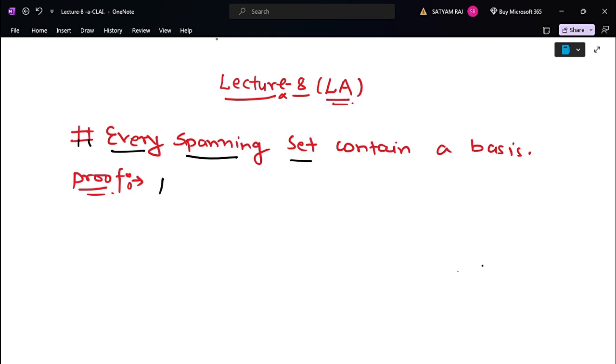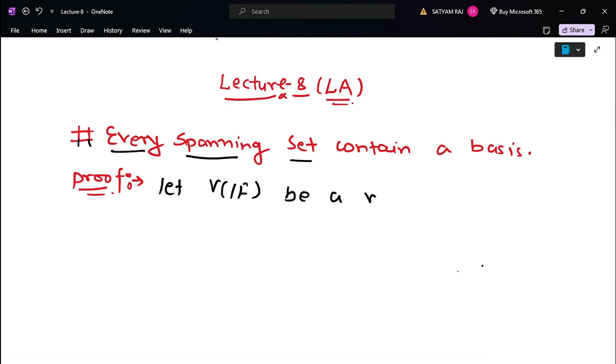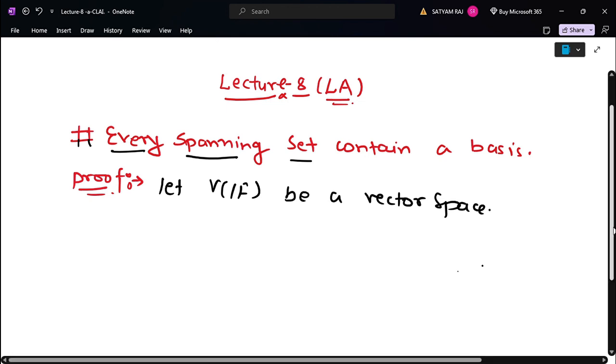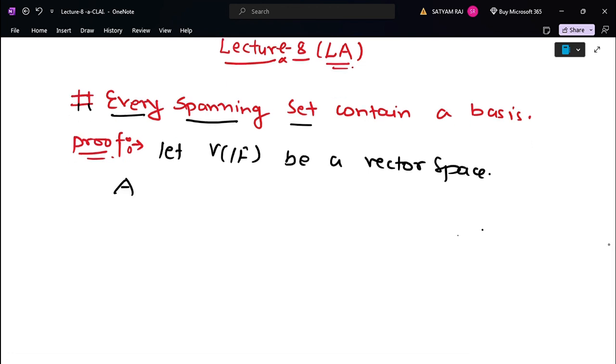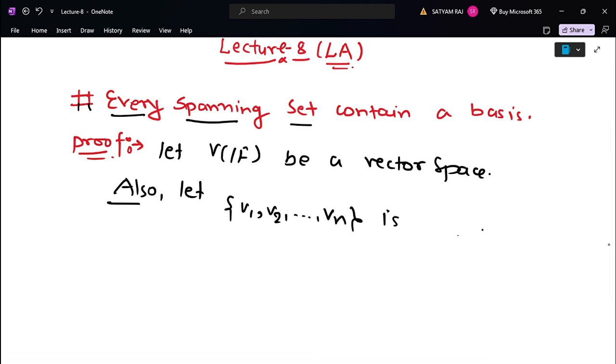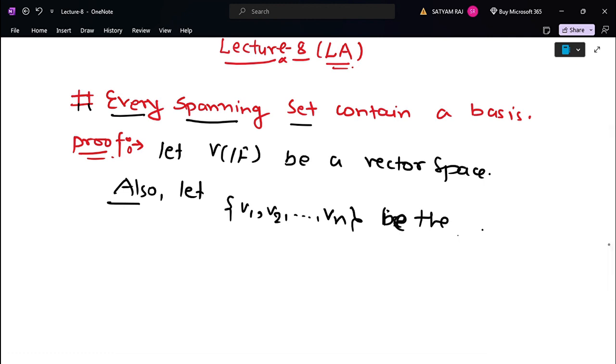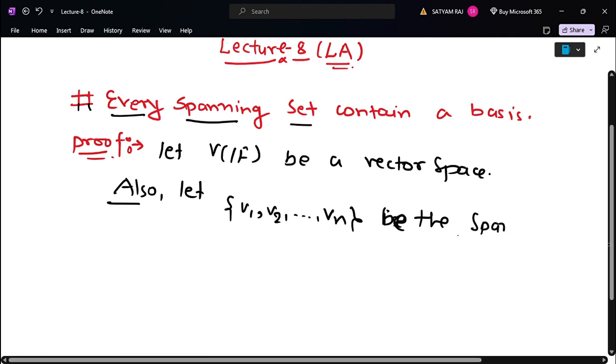So let V over F be a vector space, and also let v1, v2, ..., vn be a spanning set.